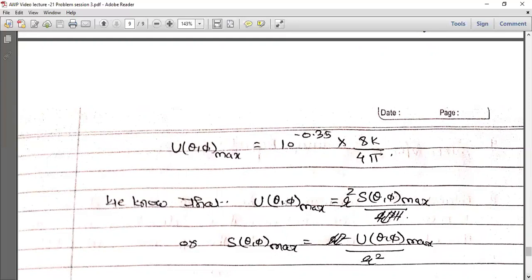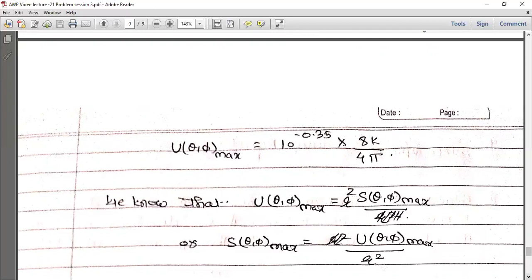U(θ,φ) is equal to R squared times S. Radiation intensity is equal to R squared times the power density, so U(θ,φ) max equals R squared times S(θ,φ) max. From this expression, S(θ,φ) max is equal to U(θ,φ) max upon R squared. Now, R is the distance at which we have to find the power density.